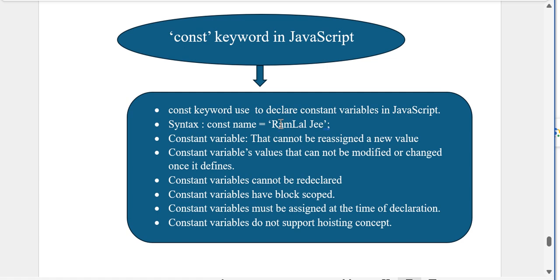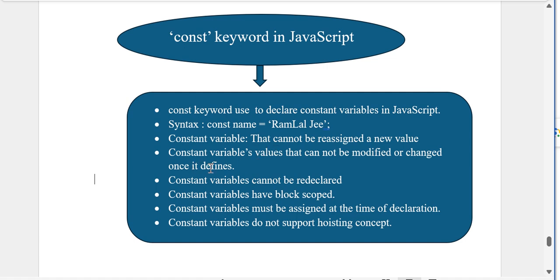Ramlalji cannot be changed in name. If you try to assign another value, name is equal to xyz, that cannot happen if we have used the const keyword. That indicates a constant variable cannot be reassigned a new value. Fourth point: constant variable values cannot be modified or changed once defined. So we have defined it, and we cannot change it.